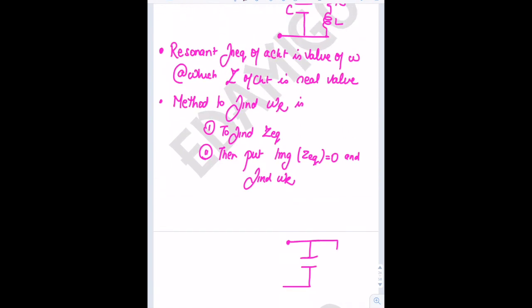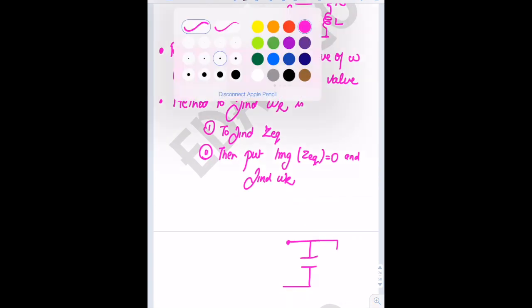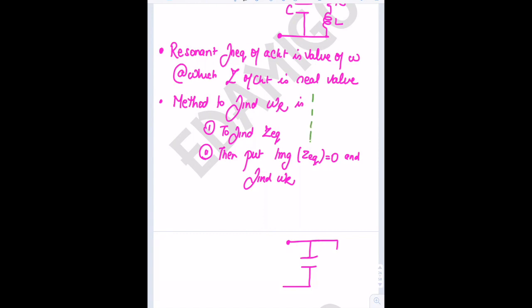So first of all we will be finding the Z equivalent of the circuit, or one more thing that we can write here is the another method: first step will be find Y equivalent.